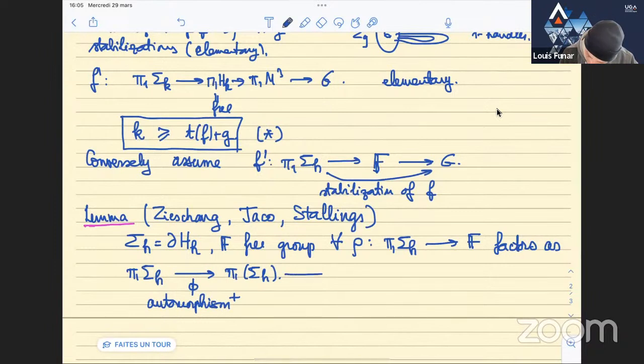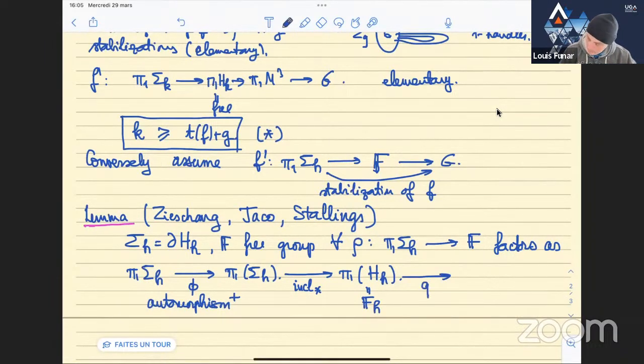Then I'm going from pi 1 of sigma H into pi 1 of H H. Okay, that's a map induced by inclusion, inclusion star. This is a free group on H generators, and now there is some map from here, let's call it Q, into the free group you had already.